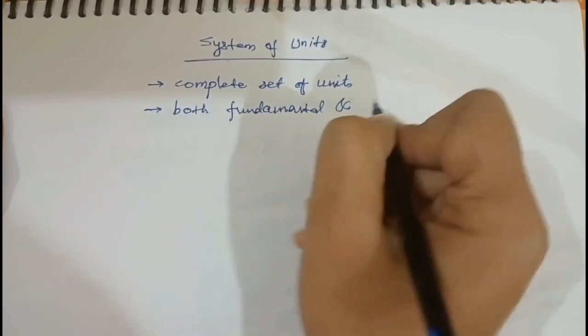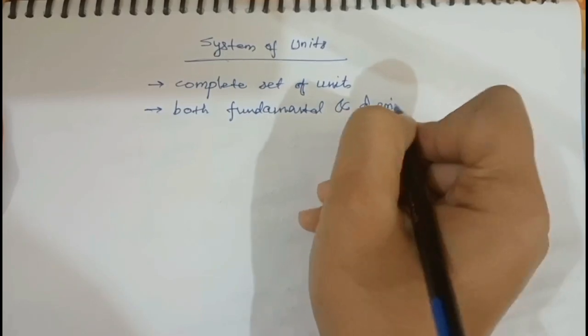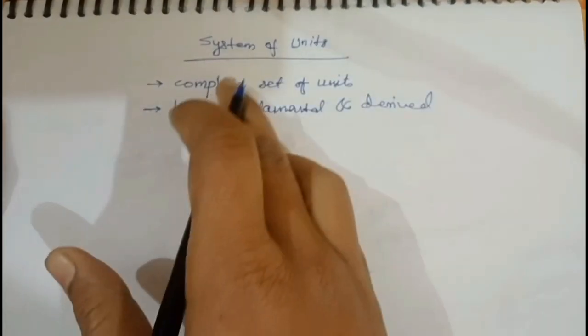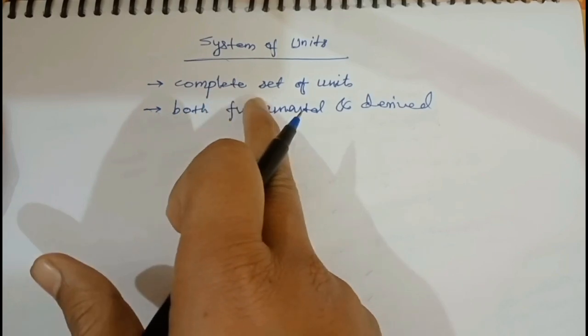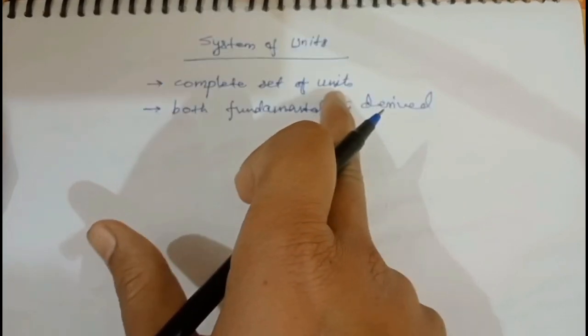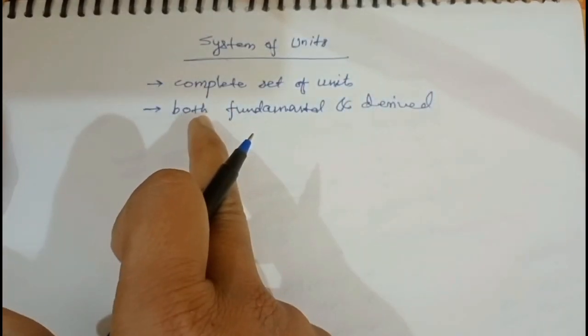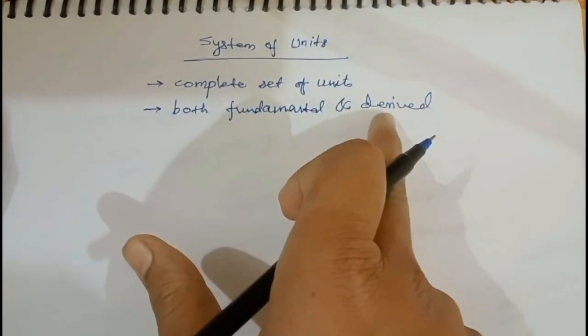So what is a system of units? This is a complete set of units which may be fundamental, which may be derived.